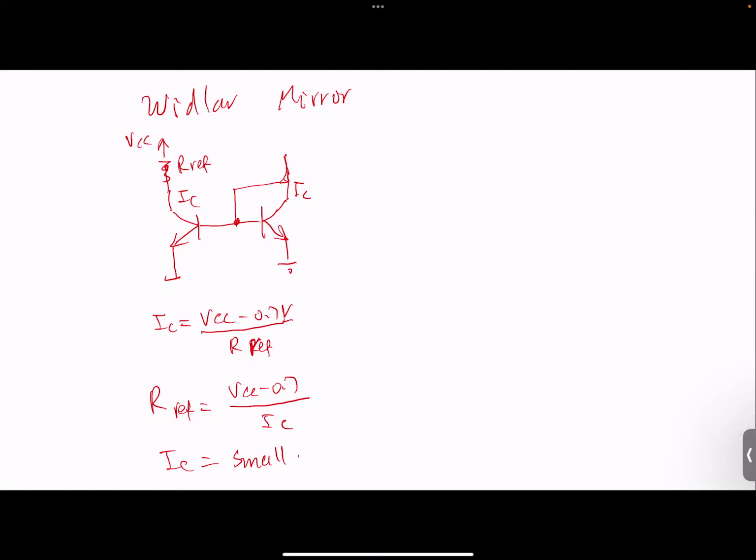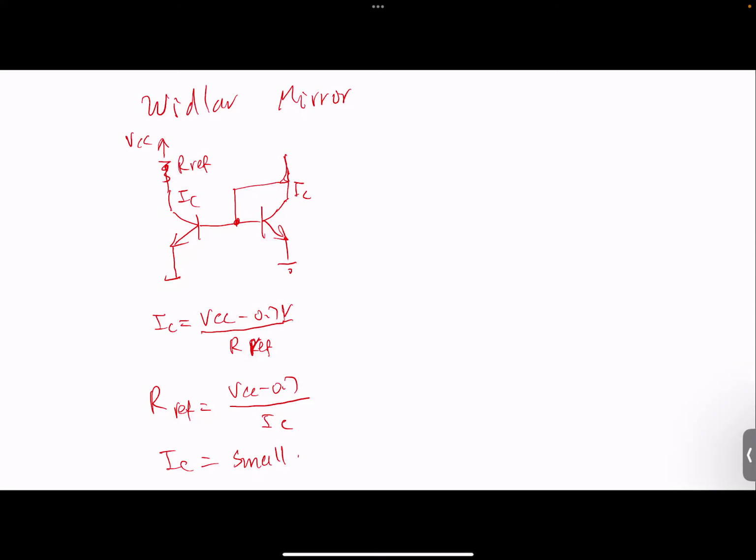To reduce to 1, you need 1 micro. But there's a limit, because if it's too small we couldn't handle it, because there's too much noise. It will couple and make things more difficult. So in this case, the current is small, typically in the microamps.